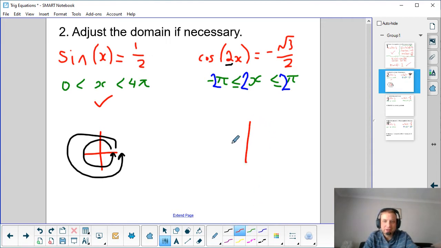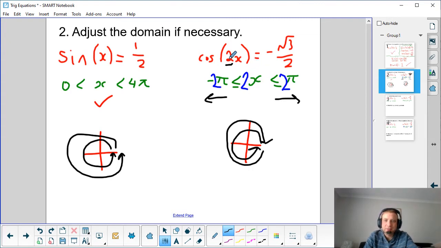What that means for us, we will be doing a lap of our unit circle and getting 2 answers from it, because that's this part of it here. This part of the domain here says we're going to go 2 pi backwards. So we're going to do a whole lap backwards and get 2 answers there. So both of these will have 4 solutions. And it's because I've adjusted this domain, because there's a 2x there and not just an x.